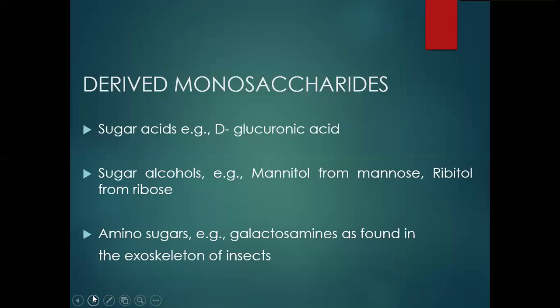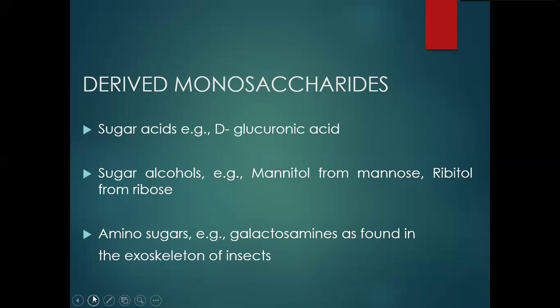We have some monosaccharides that are called derived monosaccharides. An example is a sugar acid, for example glucuronic acid, which in biochemistry is used for removal of toxic compounds. We also have some sugar alcohols.